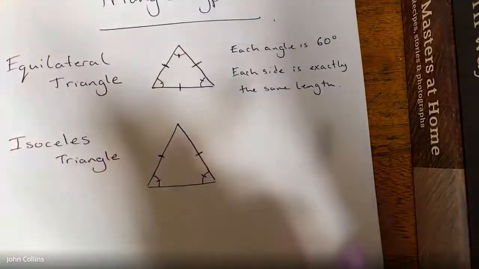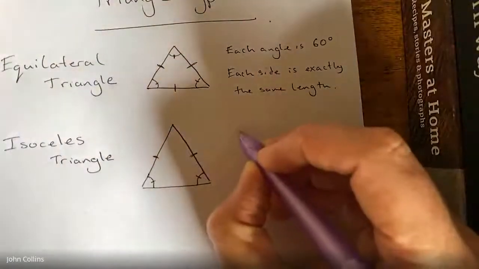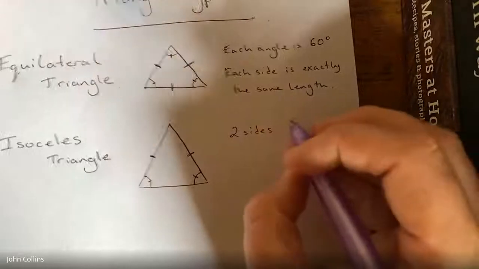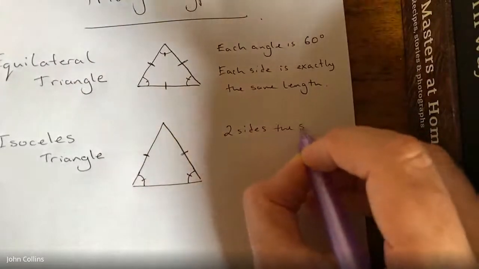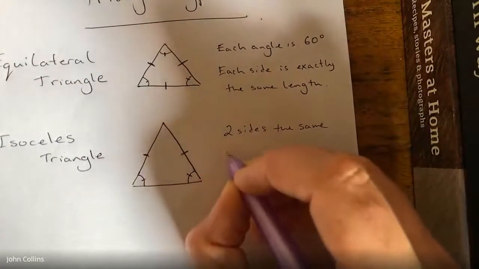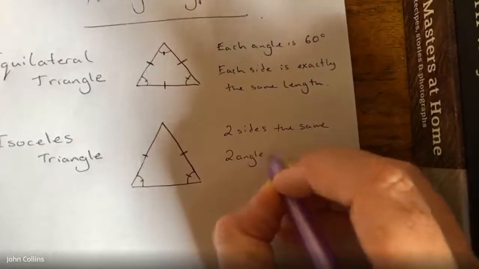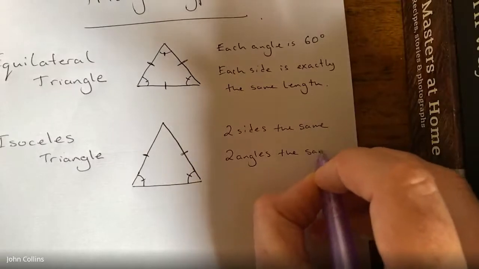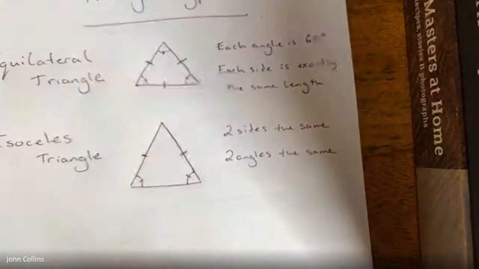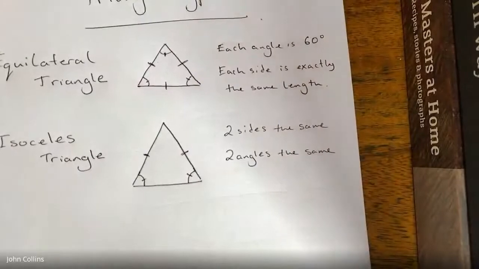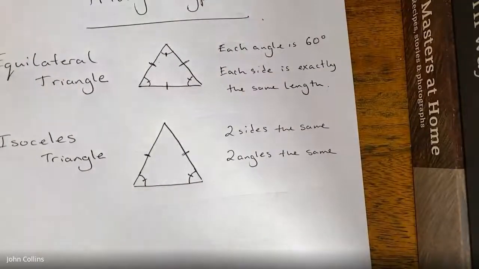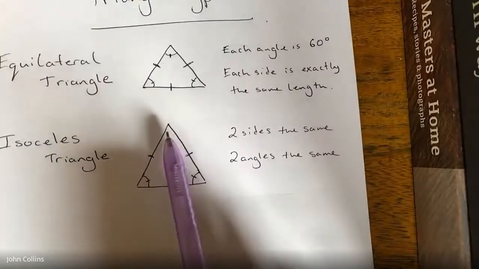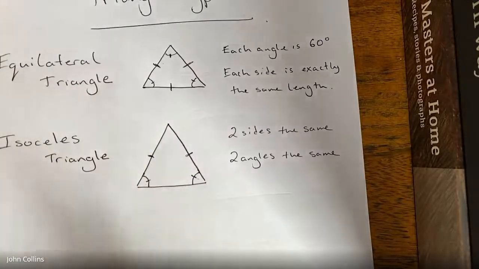So an isosceles triangle then has 2 sides, the first one had all 3, this one has 2 sides the same, and 2 angles the same. Okay, the same is not a very mathematical term, but we'll go with it. The 2 angles, and make sure you indicate the 2 angles underneath the sides that are the same, not the angle where they meet.